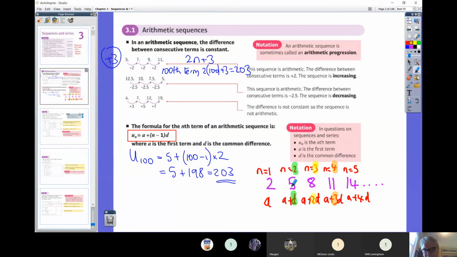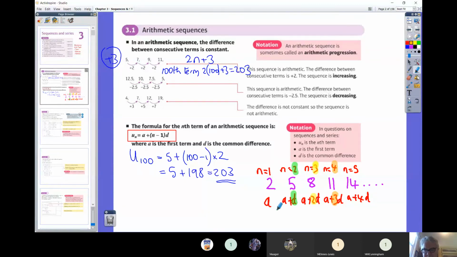And this n-1 business is just appreciating that n is the position in the sequence. The first term, n is 1. The second term, n is 2, and so on. But the difference between the position and the number of d's is 1.